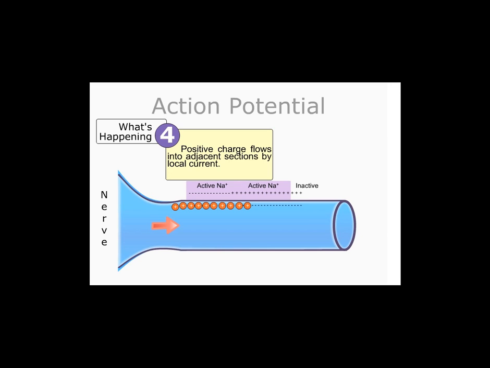Now, why doesn't it open up voltage-gated channels upstream? Well, for a couple of reasons. One is that there are fewer of them upstream, and the other reason is because once we stimulate a certain region or area of an axon, right after it is stimulated, it goes into a phase that is known as the refractory phase.